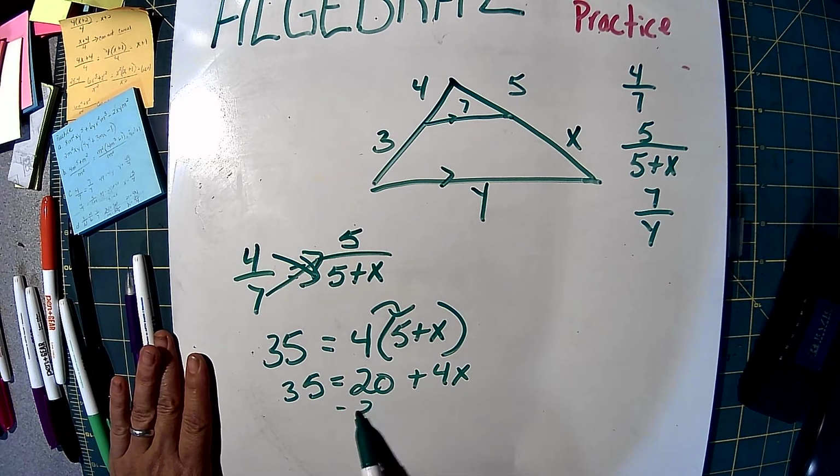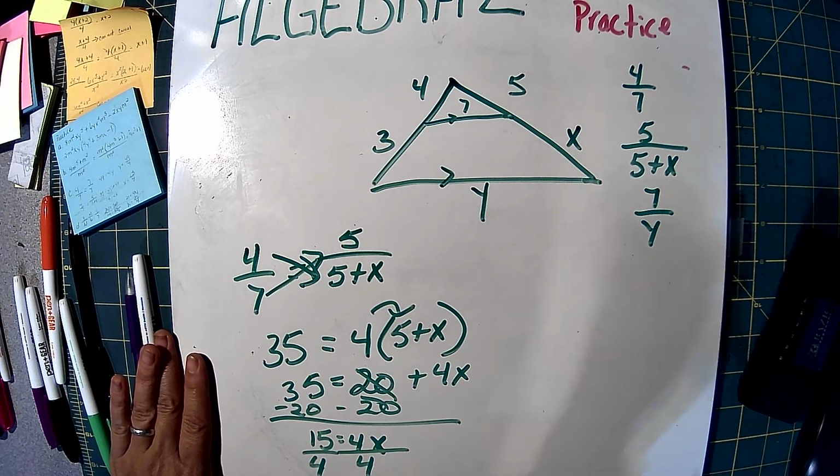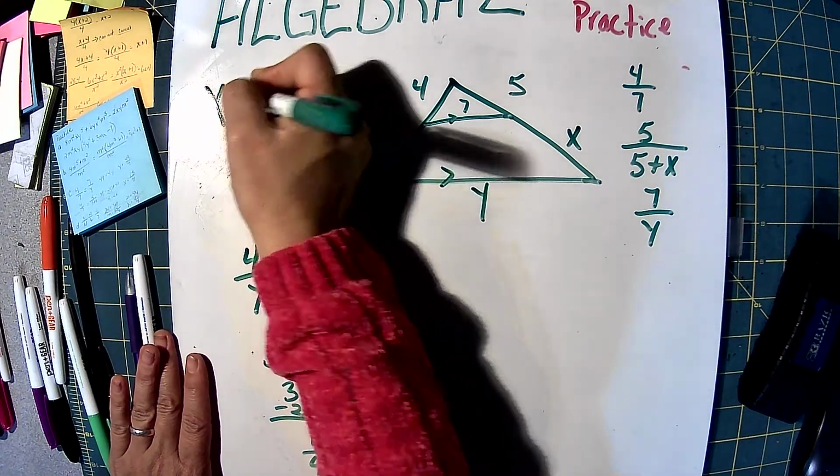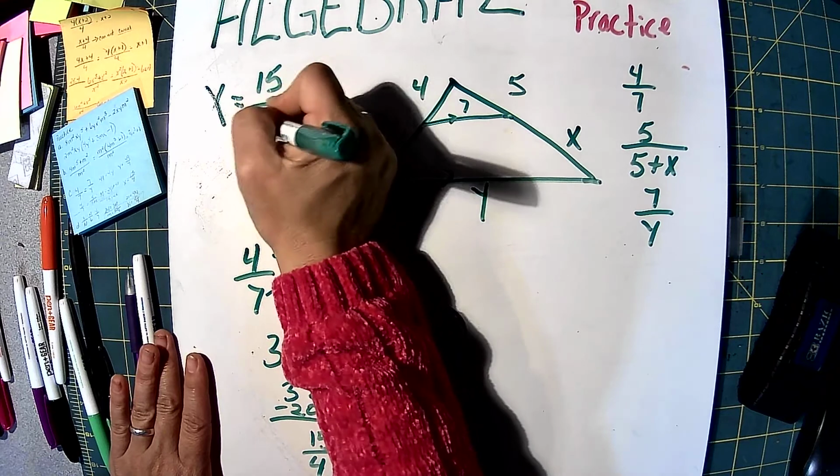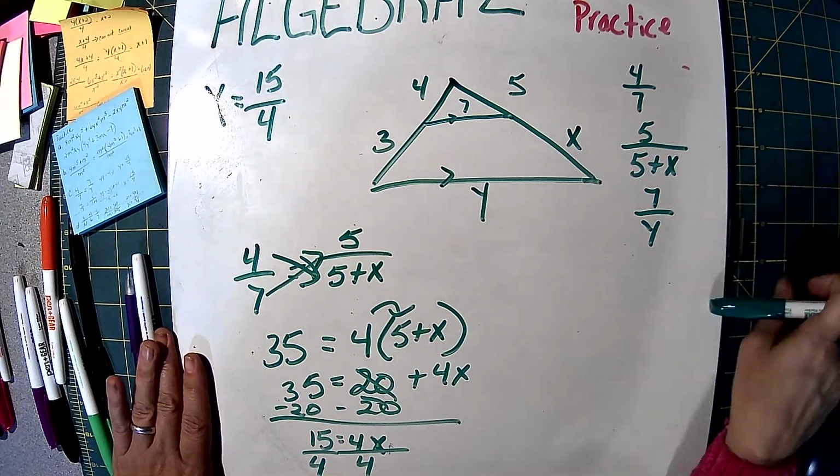Now we subtract 20 and get 15 equals 4x, and then we divide by 4, and x equals 15 over 4. Okay, that's that first one.